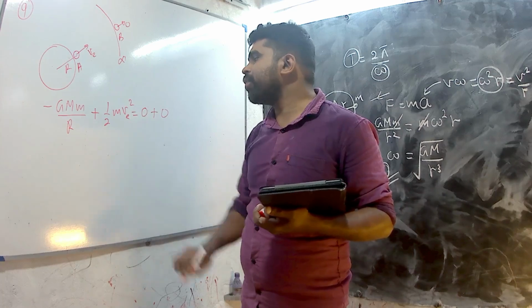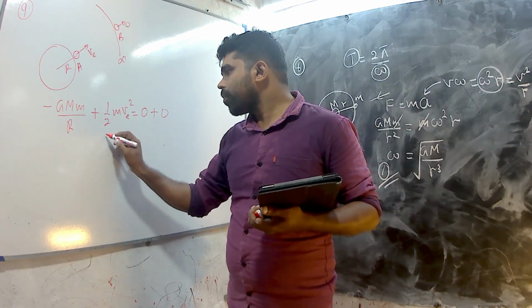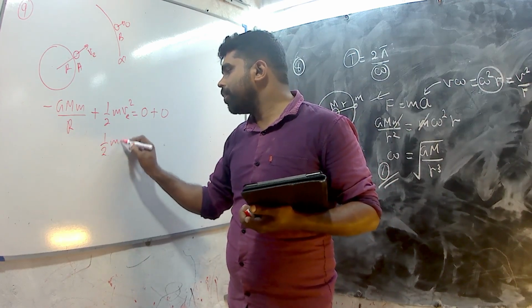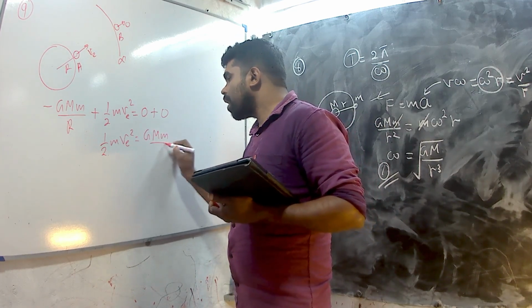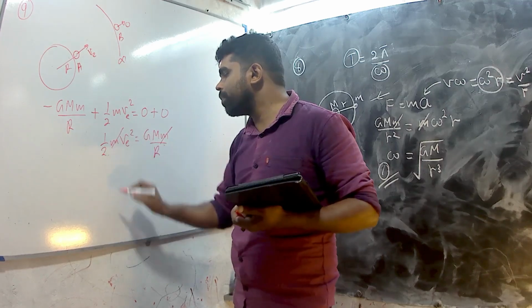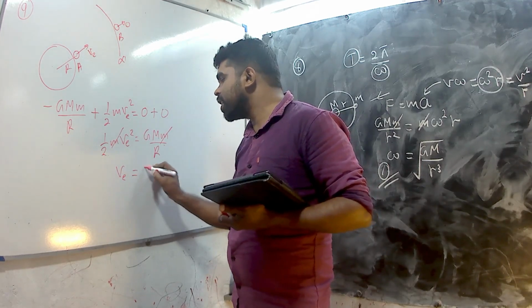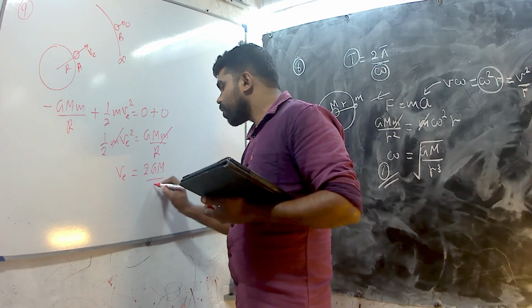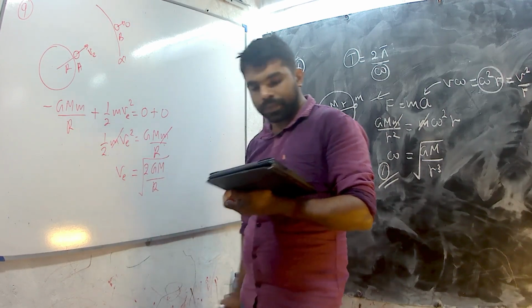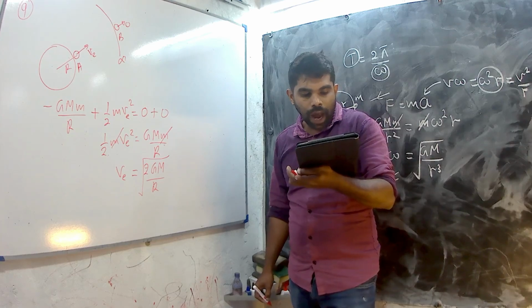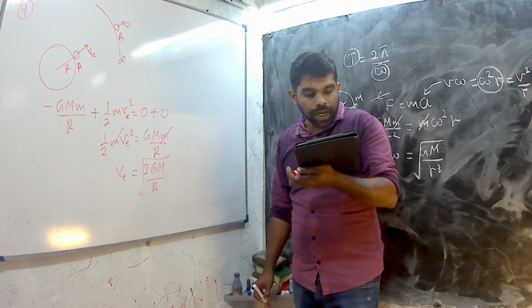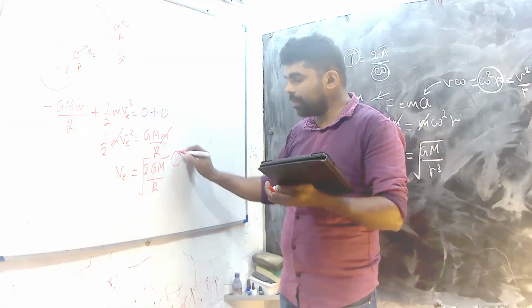Then I will solve for v. Half mv squared equals GMm over R. We can cancel out the m terms. Escape velocity is the square root of 2GM over R. Then the answer is 1 for question number 9.